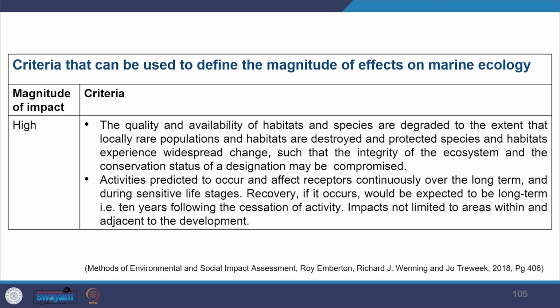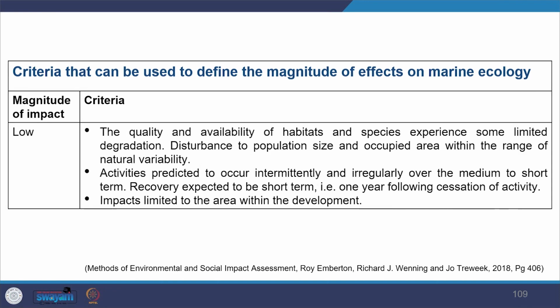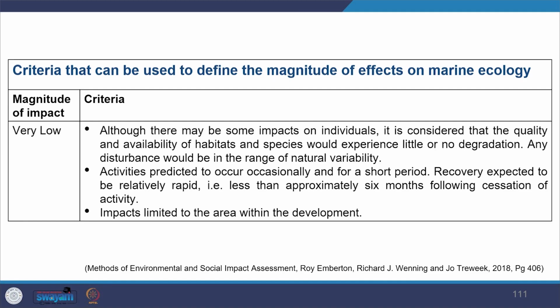So it is going to change, the integrity will be disturbed and compromised, then the impact would be considered high. Likewise, where the integrity is not much compromised, it would be considered medium, and where it is recoverable, then it would be low, and to a certain extent very low.